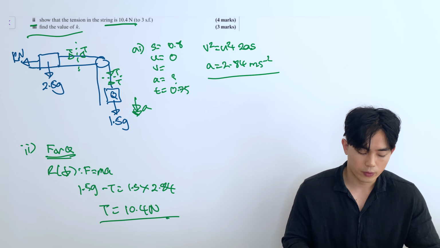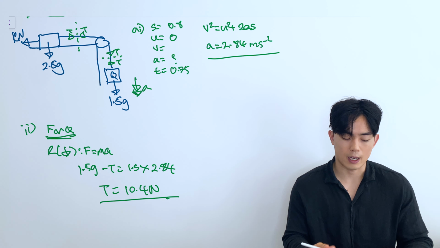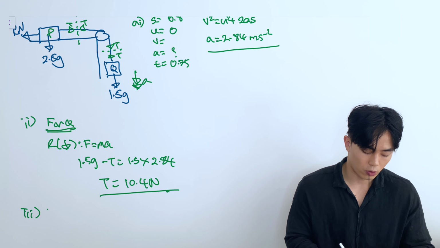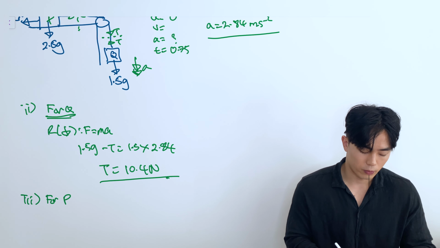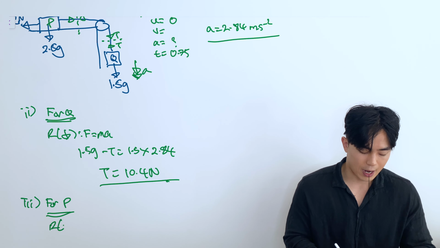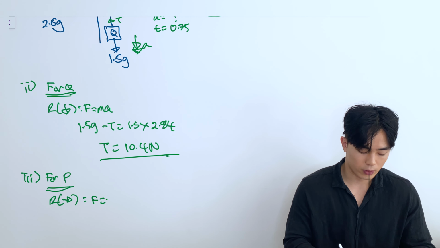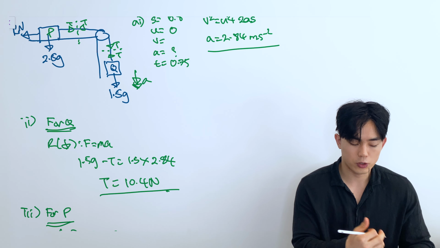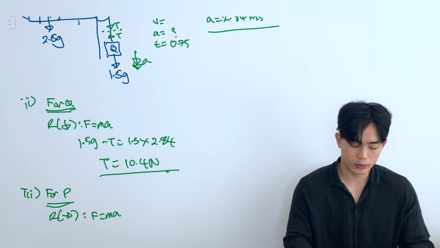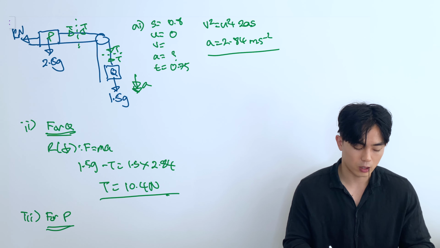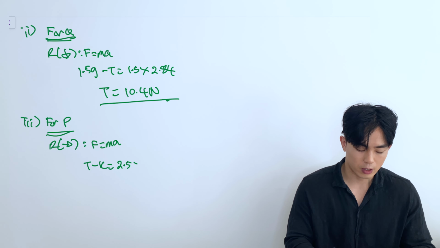Part C, find the value of K. So for K, what I have to do now is look at the particle P, this particle here. So for P, I'm going to be resolving to the right as positive, because P is going to move right, accelerate right. So F is MA. So what forces do I have? Well, this tension pulling it right and I have the K newtons pulling it left. It's going to be T minus K is equal to the mass of P, which is 2.5, times the acceleration.